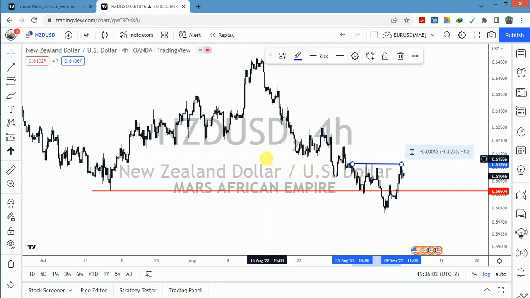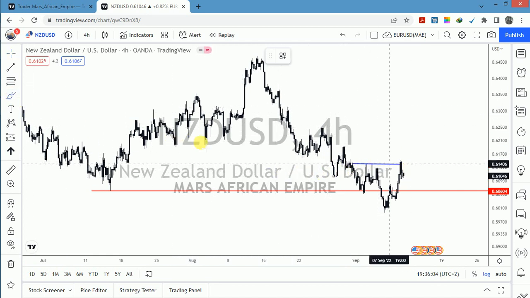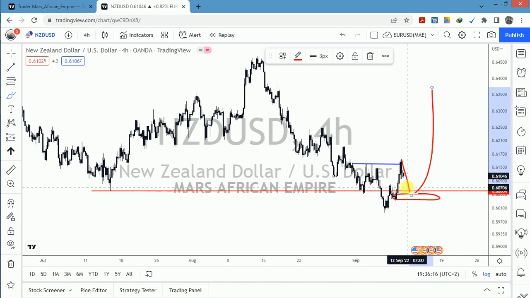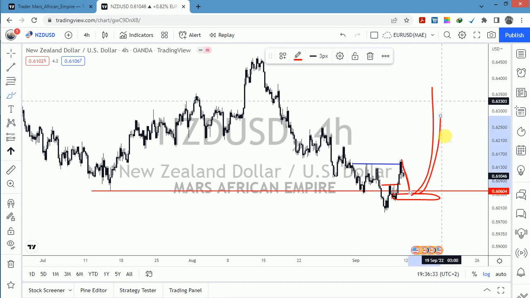So with change of character, we'll be looking to see price going back, and look for maybe that order block there before it can continue to go up. That is for people who do market structure. There's also a change of character there that we are hoping for price to come back to the last order block and then continue to go up there.